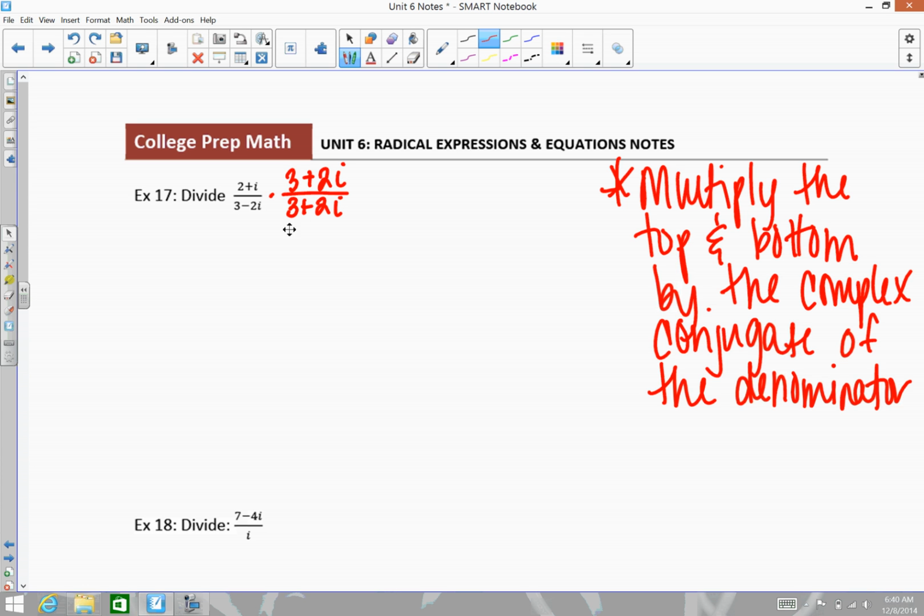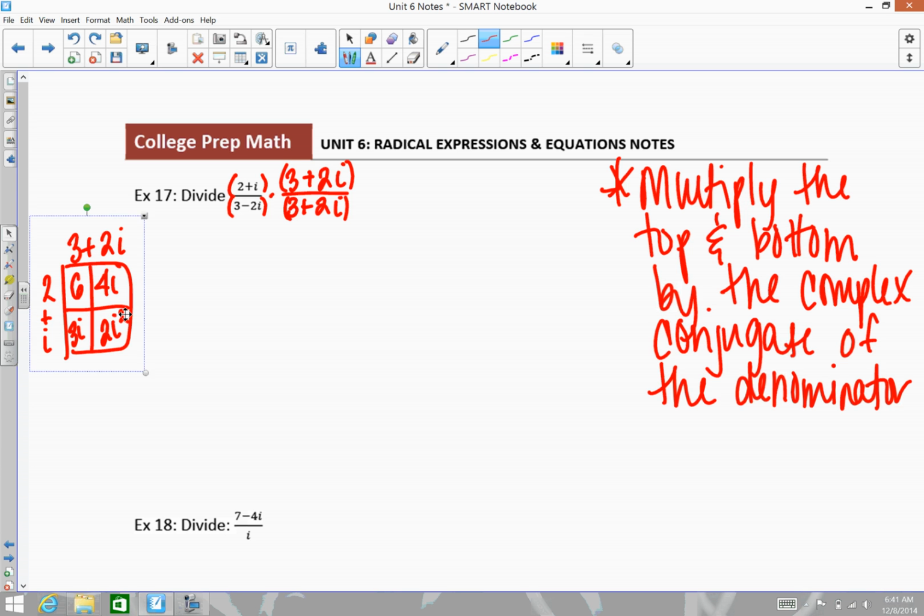So then you can use the box to multiply these, just remember that there's really parentheses around here, so you have to multiply each piece. So if I do this first piece here, 2 plus i and 3 plus 2i, I'm going to have 6, 4i, 3i, and 2i squared.